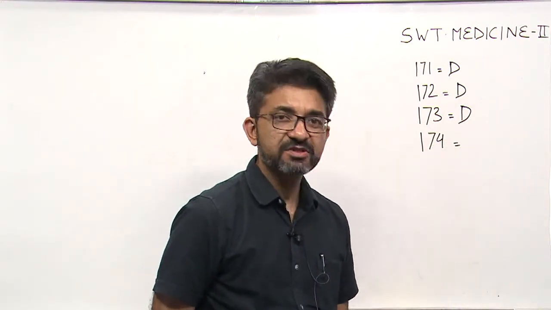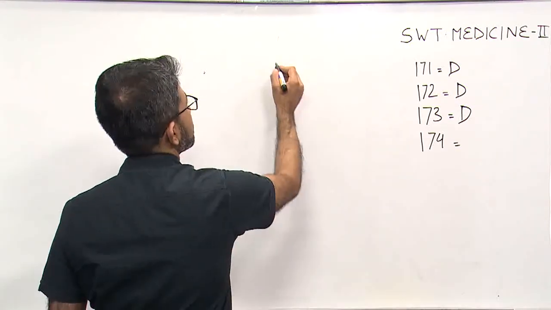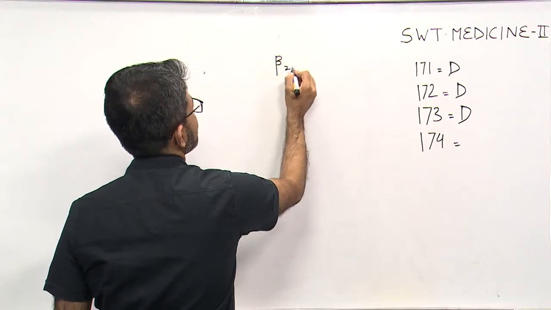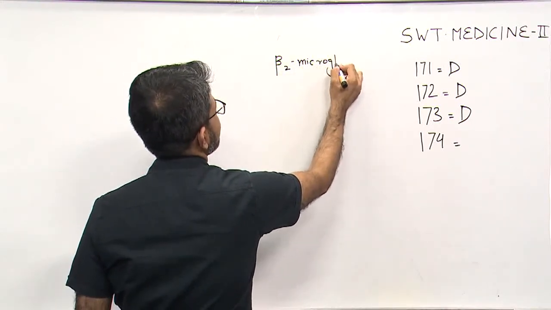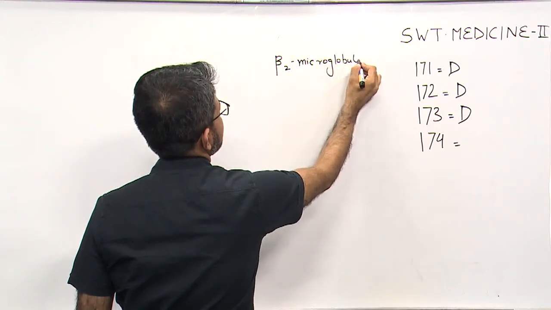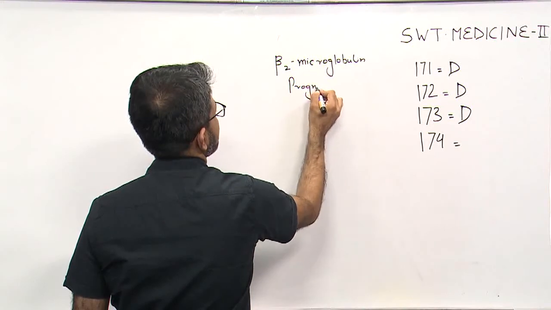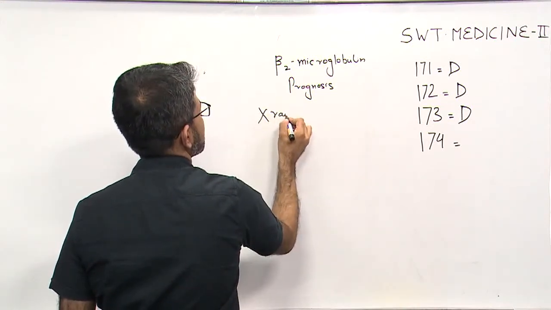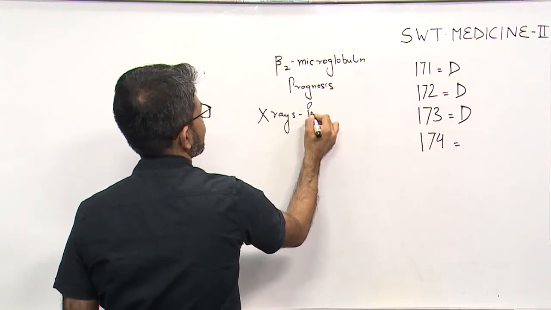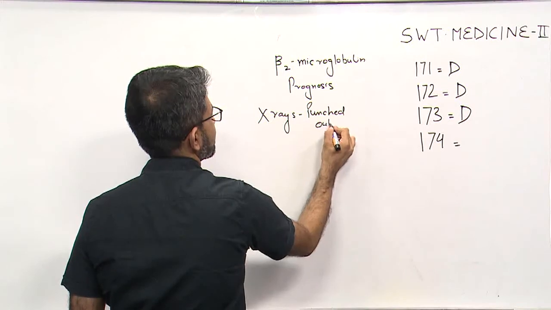The investigations of multiple myeloma. See, beta 2 microglobulin, remember beta 2 microglobulin is for prognosis. On X-rays, you have punched out lesions, punched out lesion.